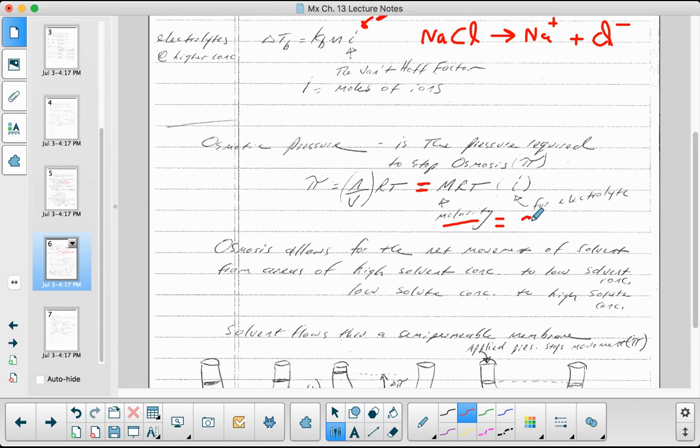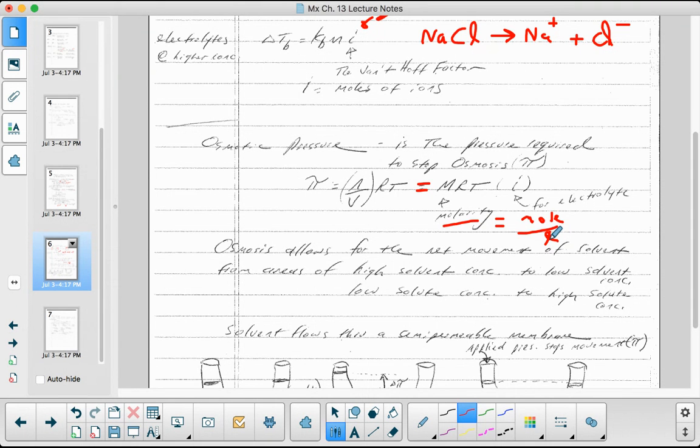So that's from our concentration unit. It's moles per total liter of solution. That's an L, sorry about that.